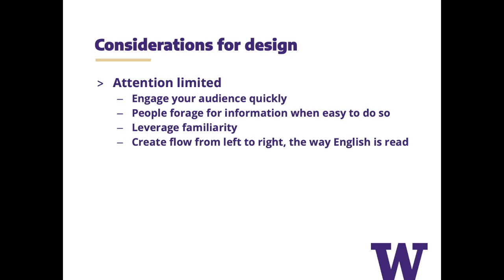So thinking about how to order your categories can help if you have large things on the left and small things on the right. We'll look at more examples of this, but the idea is that your audience already has some patterns that they're going to pick up on before they even get to your visual. And so using those so that they can interpret the information quickly is quite useful.